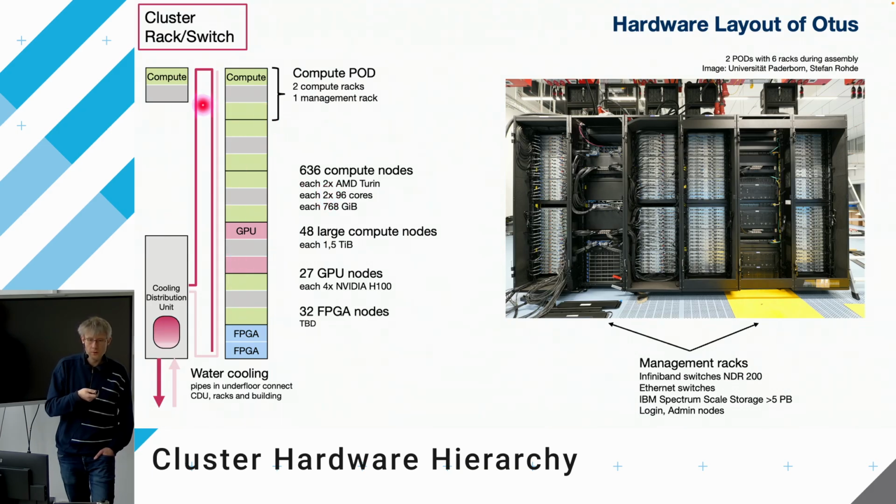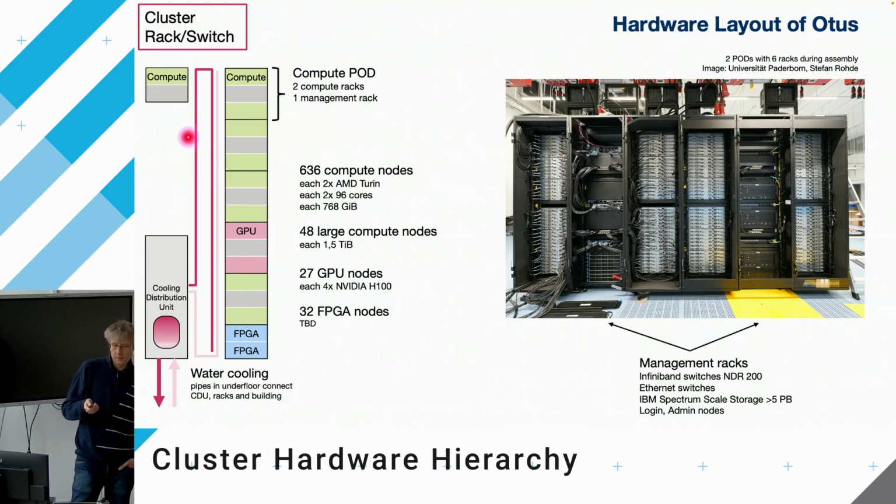And then the hot water flows back through the pipes into the cooling distribution unit. And here are basically the pumps that are pumping the liquid through this loop and connected to this heat exchanger that connects this cooling distribution unit to the cooling loop of the facility, of the building. And these pipes are below the floor.